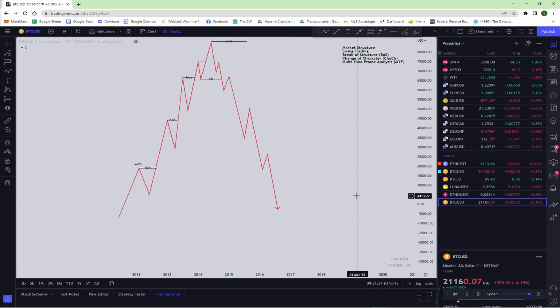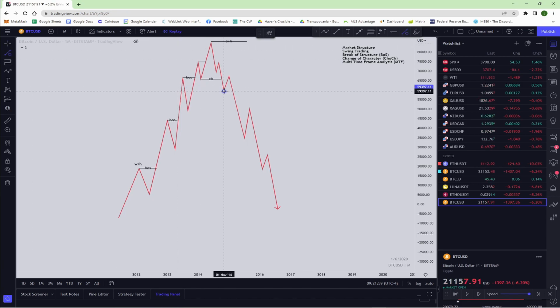Whenever we have these break of structures up, the lowest point becomes the strong low. However, since we had a CHoCH here, we're looking from this point to this point, and we're looking at the highest point, and that becomes our strong high.